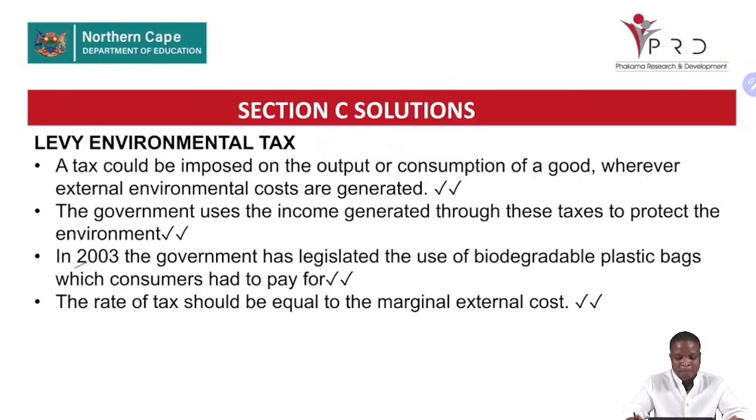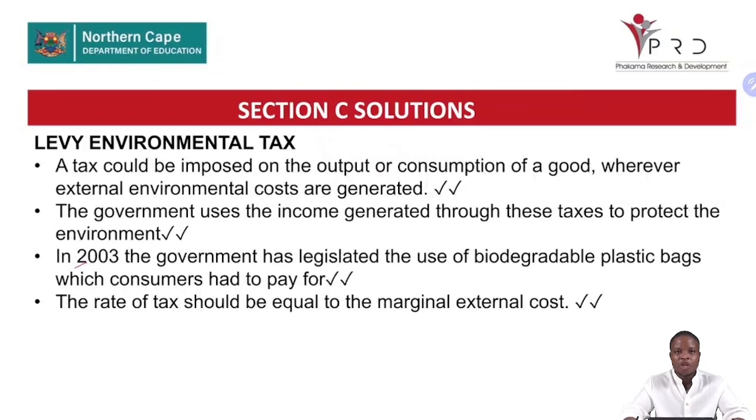What was the idea behind that? The idea was for us not to buy those plastics, right? Because if whatever you are buying from the shop, your groceries, is 99 rand, and you are only having 100 rand, you may not afford to pay for that plastic, as cheap as it looks. Sometimes you do not have the means, then you won't buy it, or you bring the plastic from home so that you are reusing it, right?